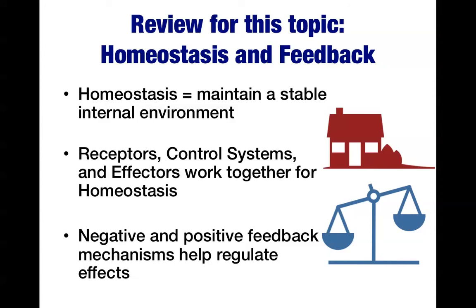In the examples we talked about, the skin detected temperature changes and the brain decided either to activate sweat glands to cool off or to activate shivering movements in the muscles to warm up. Your body usually maintains homeostasis by controlling effectors in a negative feedback fashion, which helps conserve energy. Positive feedback is sometimes used for fast and intense responses, but it is not as common.